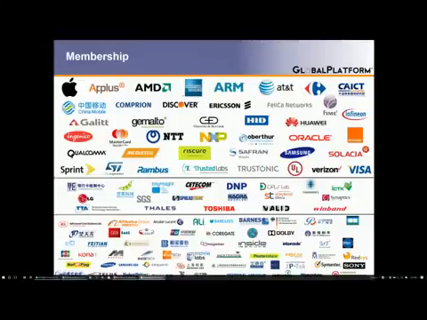This gives you an idea that we have everyone from device manufacturers to chip makers to infrastructure providers to service providers like MasterCard, and chip manufacturers like NXP, Qualcomm, and so forth. A good variety of industries represented.